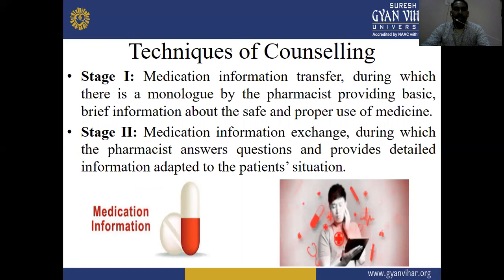Next one, techniques of counseling. How many types of techniques are used in patient counseling? First one, stage first, and next one, stage second. First of all, let's discuss stage first.